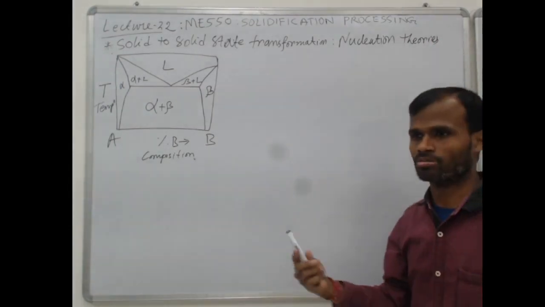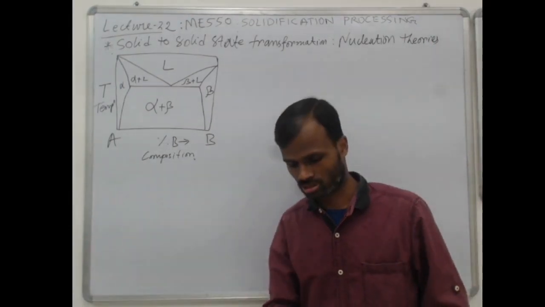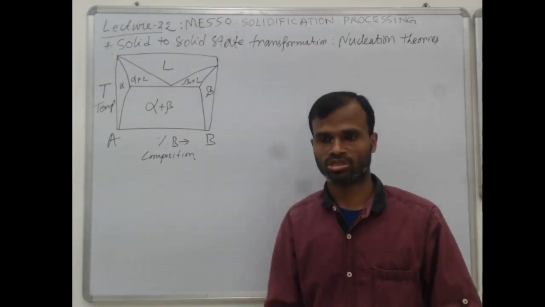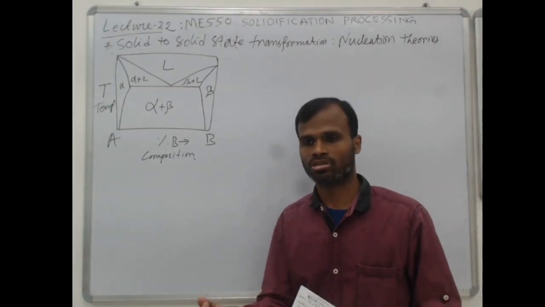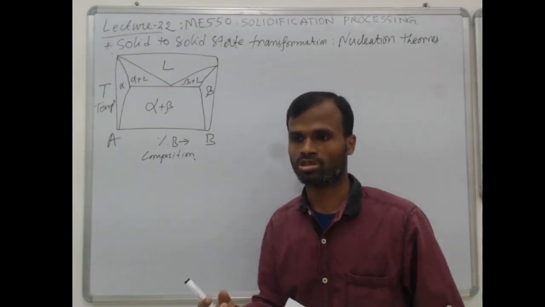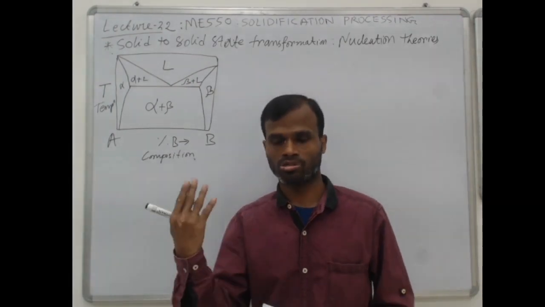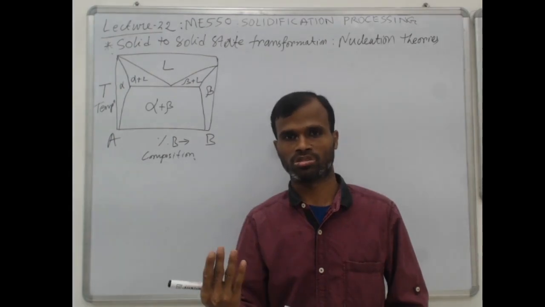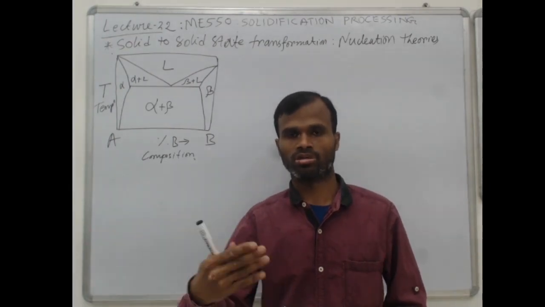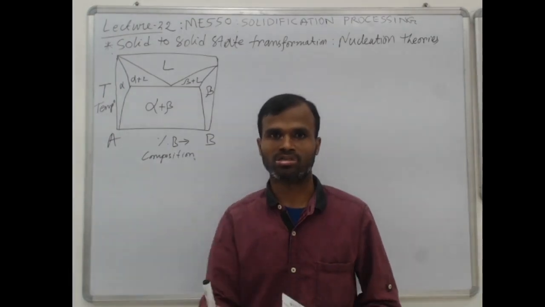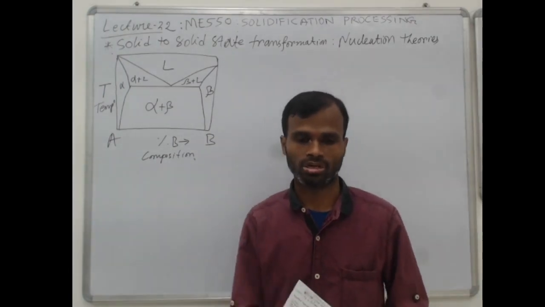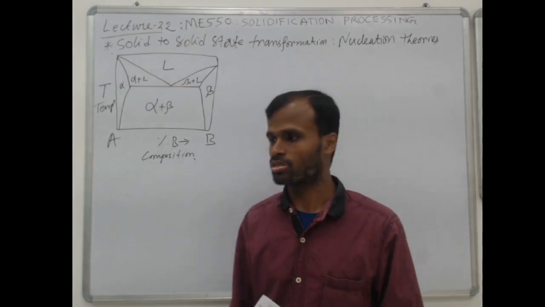We cannot discuss everything about solid to solid state transformation, all the theories of nucleation, growth and everything, but we will discuss the very basic things so that you get some idea about how solid to solid state transformation differs from liquid to solid state transformation. What are the different things, or the physics, that we need to consider in solid to solid state transformation?